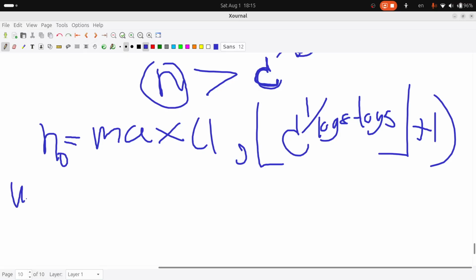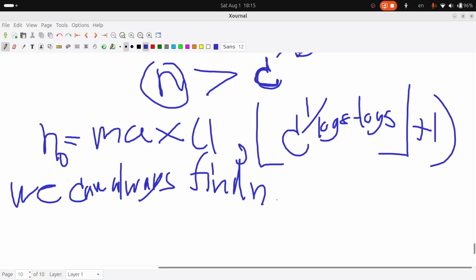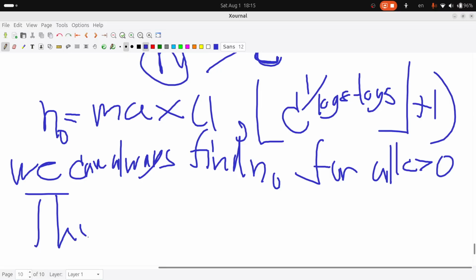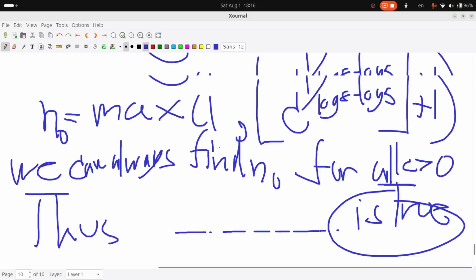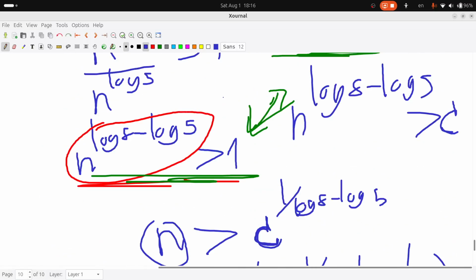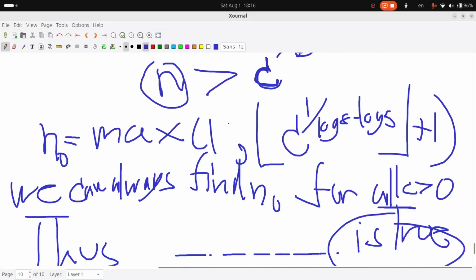So we can say that we have n0 for all c greater than 0. Thus, the little omega notation is true. That's what we can write. And that is the little o and little omega notation. To prove the notation is pretty hard to write.